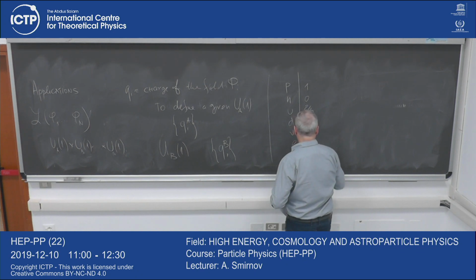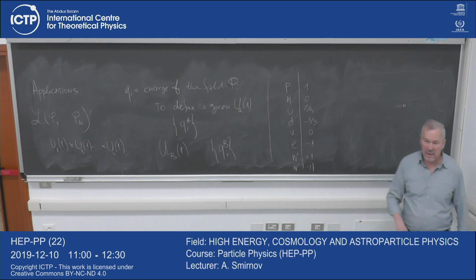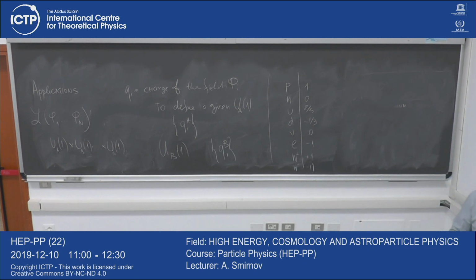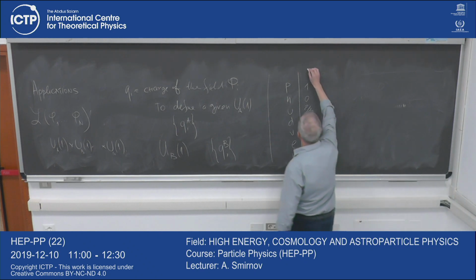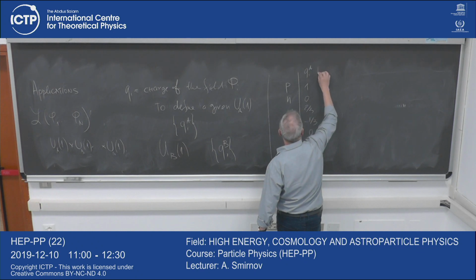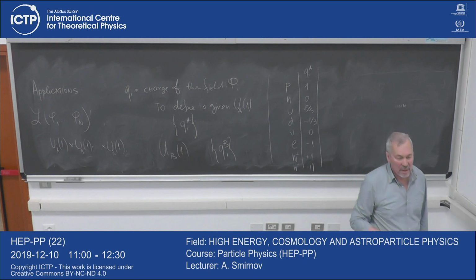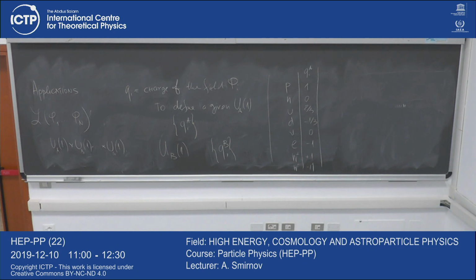This is plus 1, and this is minus 1. What is the physical meaning of this assignment? So I'm saying that I want to assign these quantum numbers. So this is my Q_A for different fields i. And I'm saying that there is a U(1) symmetry, the Lagrangian is invariant under U(1) symmetry with this charge assignment. What does it correspond to? What is the physical meaning of this assignment?